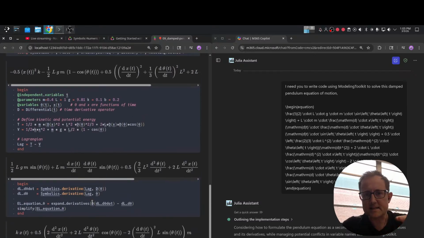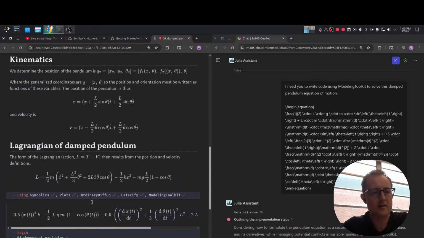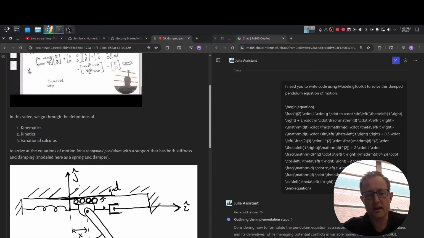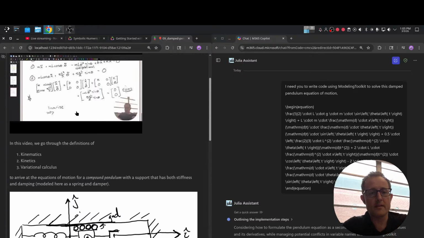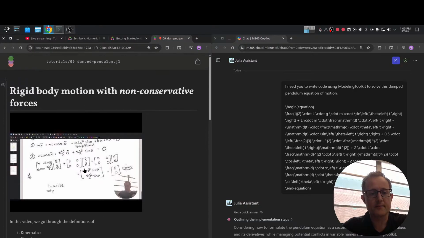So, last time on our advanced dynamics, we were taking a look at this damped pendulum and what the equations of motion were. I went through in this video and figured out what the equations of motion were just by using Lagrange equations.